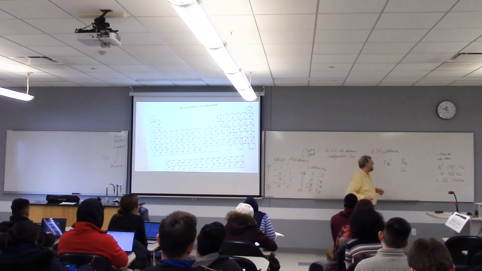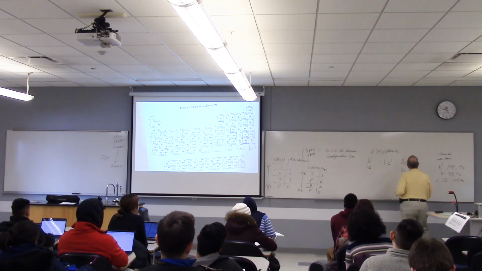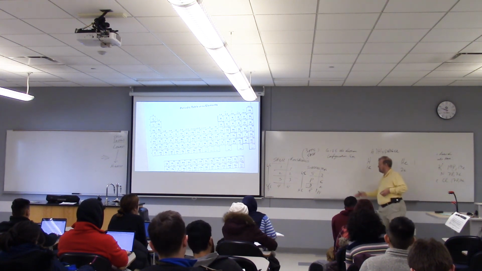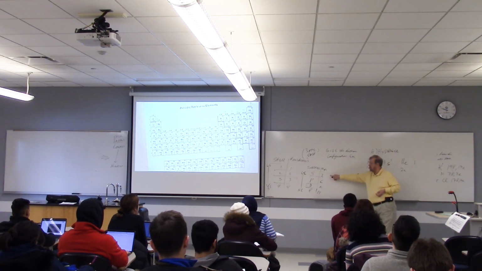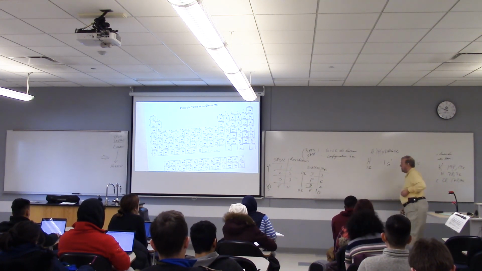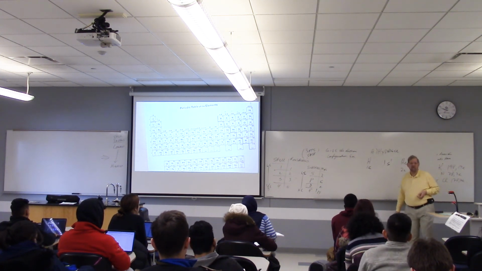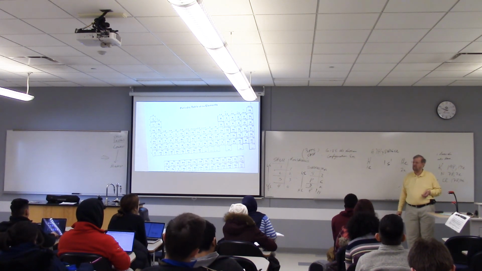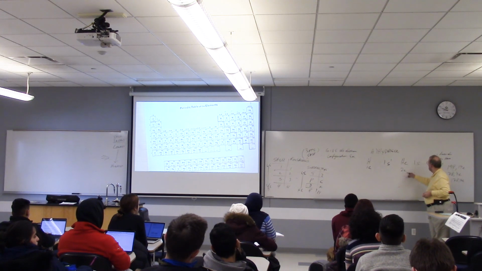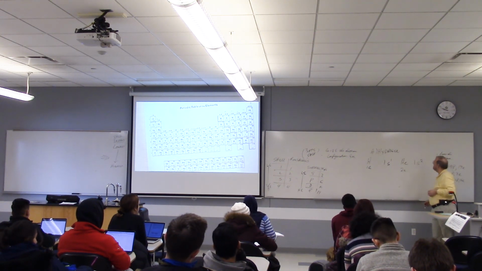So now I have shell 1, what's the subshell? s, because you start at the lowest energy subshell, 1s. How many electrons can I put in the s subshell? 2. How many electrons do I have to put in there? 2. I'm done. And that's how you do it.